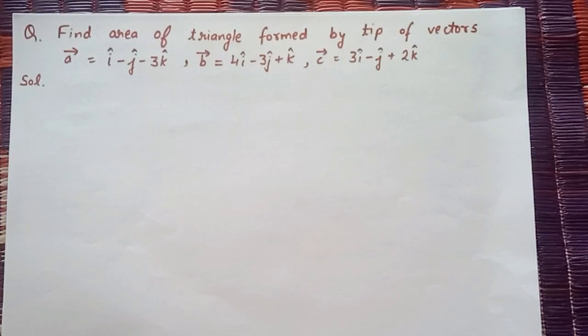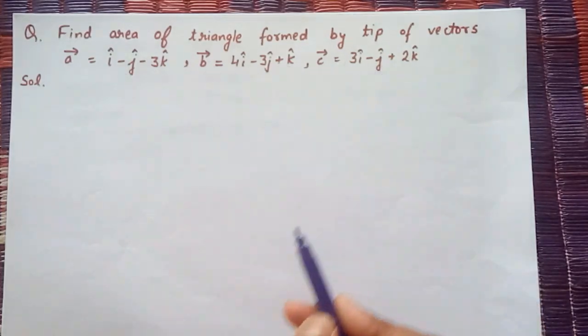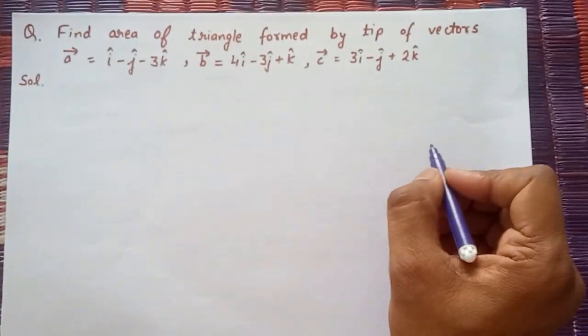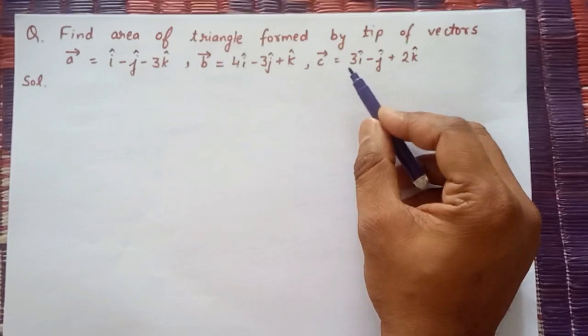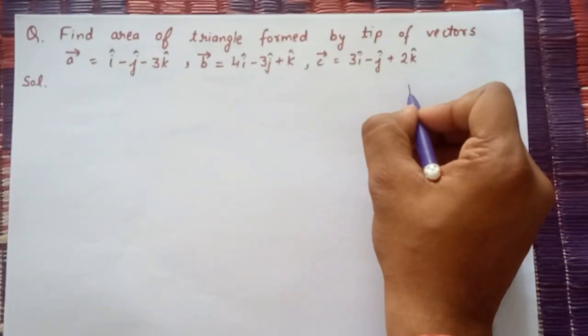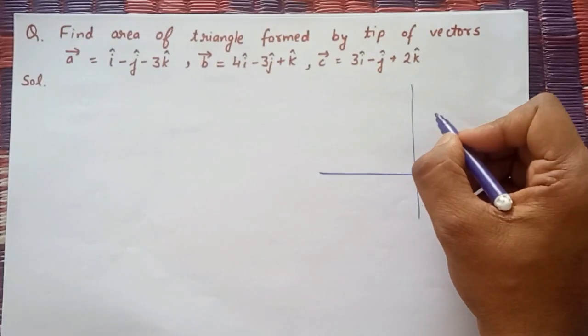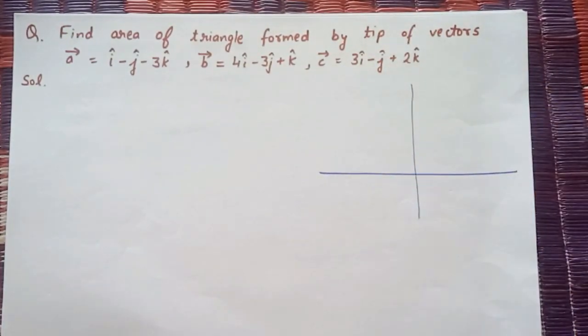The next question is, we have to find the area of the triangle formed by the tips of vectors A vector, B vector and C vector. These three vectors are given and we have to find the area of the triangle formed by their tips. See, suppose this is a plane and there are three vectors.